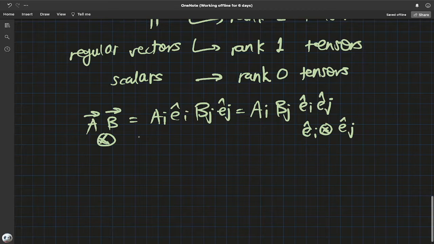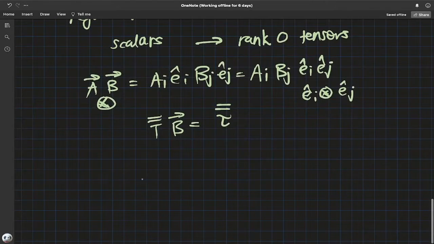So if you tensor up 2 vectors, you get a rank 2 tensor. If you take a rank 2 tensor and tensor it up with a vector, you get a rank 3 tensor. So that's how it goes.